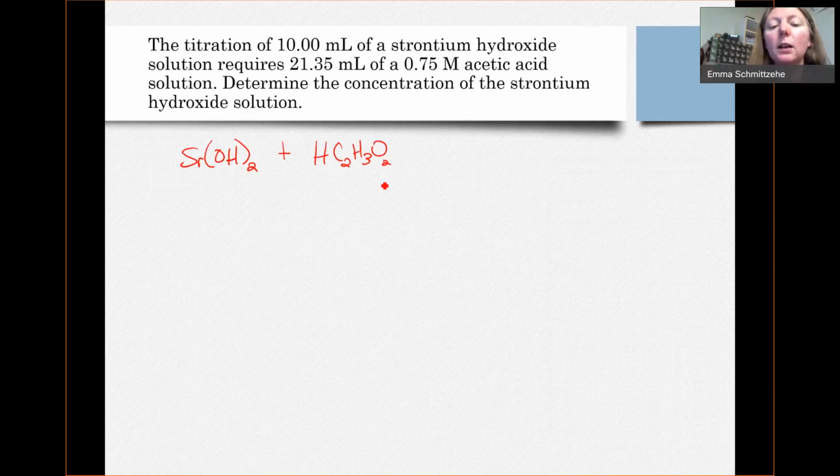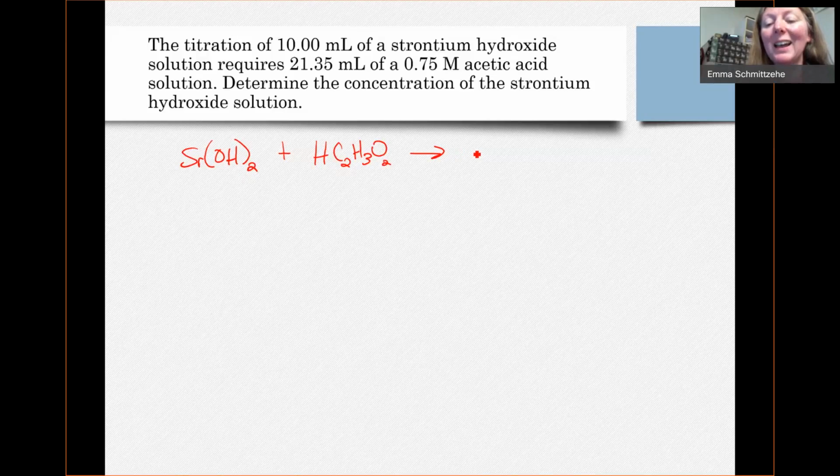So it's the acetate ion with H+ on it. Those are all going to split into ions and swap partners. So the Sr2+ from the strontium hydroxide combines with the C2H3O2- from the acetic acid.